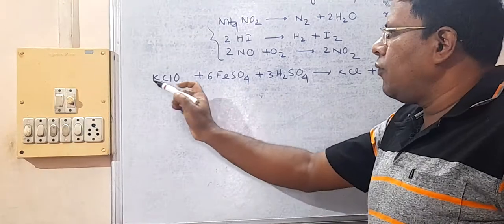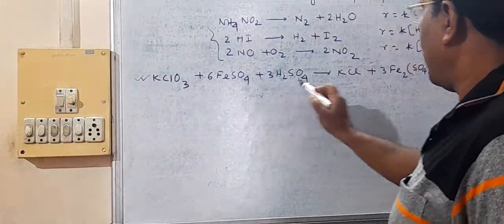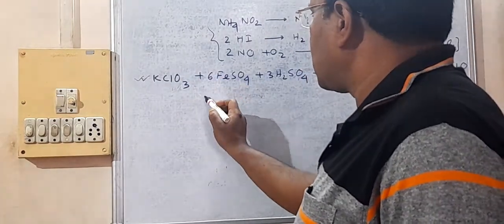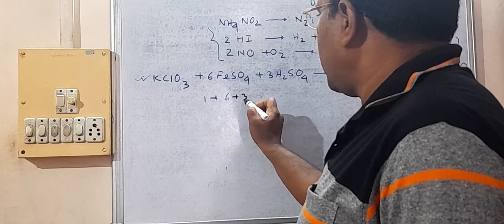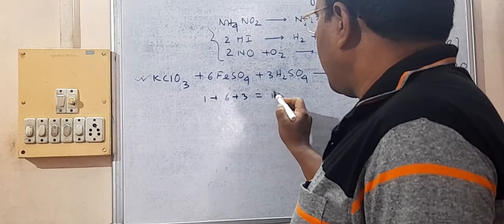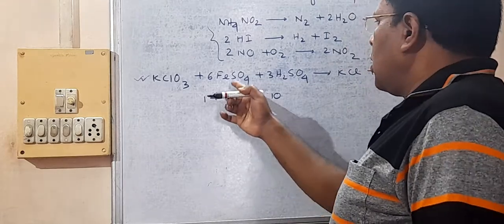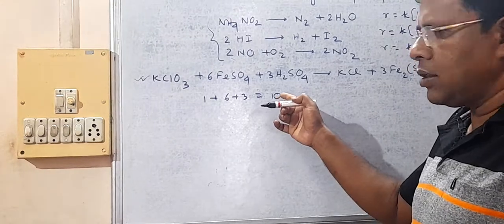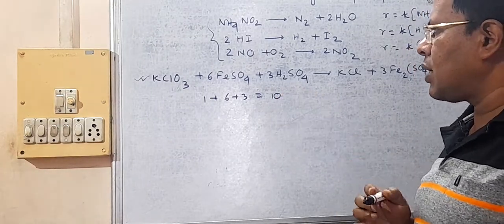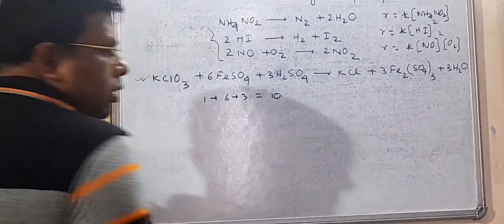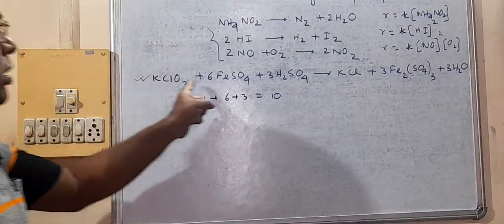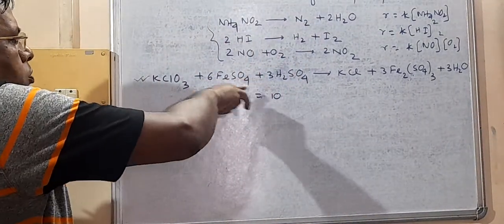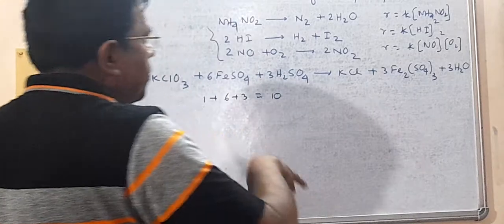But if you consider this reaction, where we have how many particles in the reactants, 1 plus 6 plus 3, 10. Now certainly it cannot be an elementary process, because 10 particles cannot collide simultaneously. So it is an example of a complex process, and since it is a complex process, it cannot take place in one step.